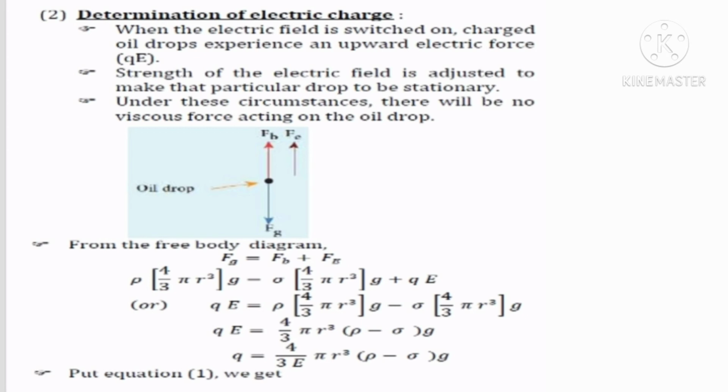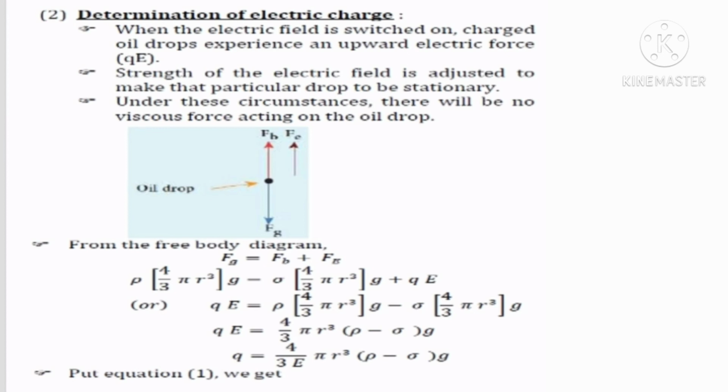Here 4 by 3 pi r cube is common, so take it outside, so that the equation becomes Q into E is equal to 4 by 3 pi r cube into (rho minus sigma) into g. Hence Q is equal to 4 by 3 E into pi r cube into (rho minus sigma) into g.